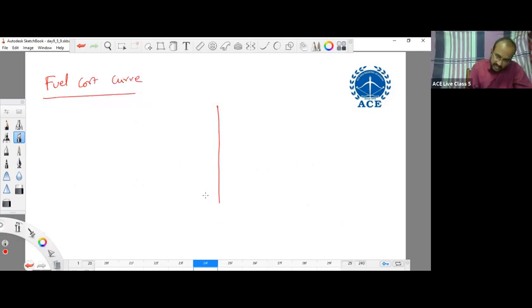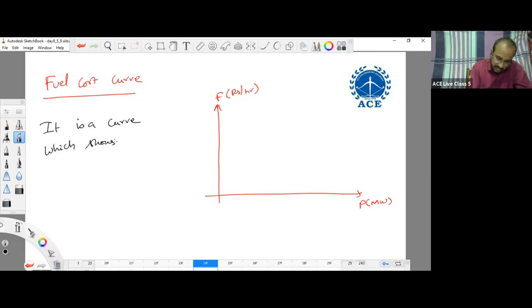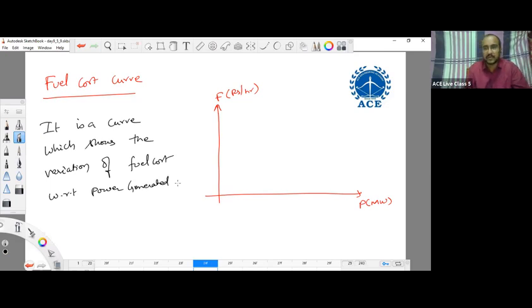It is a curve which shows the variation of fuel cost in rupees per hour with respect to power generation in megawatt.